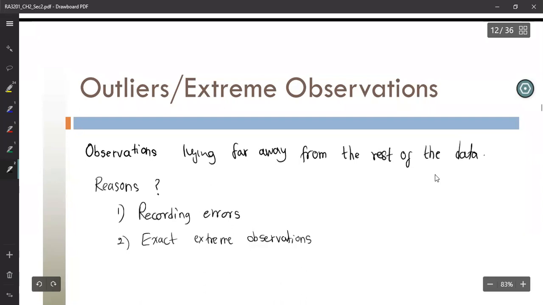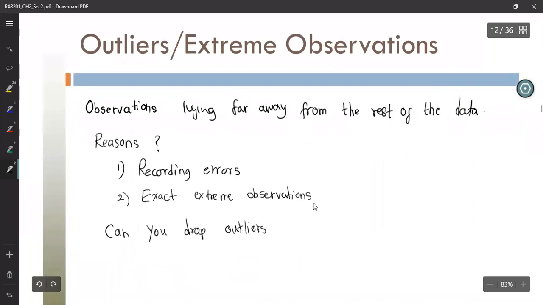Some extreme observations are due to measurement errors of the instruments, things like that. Sometimes we drop them if they are not harming the analysis of your data. Some extreme observations you can drop. Can you drop outliers? This is another huge topic in statistics that you have to discuss separately.